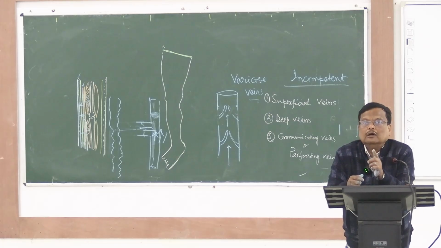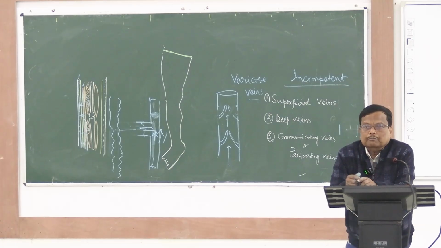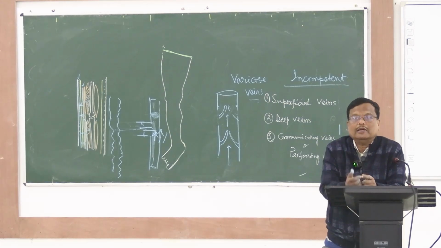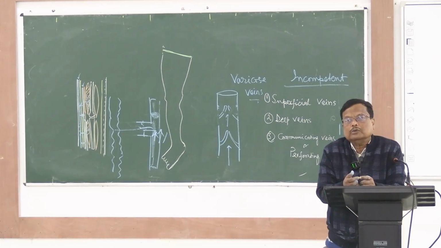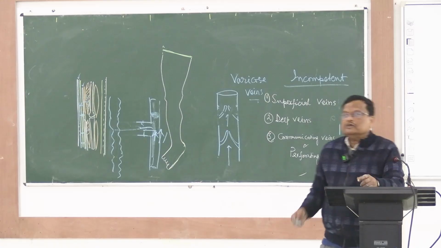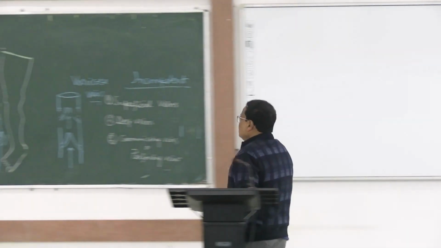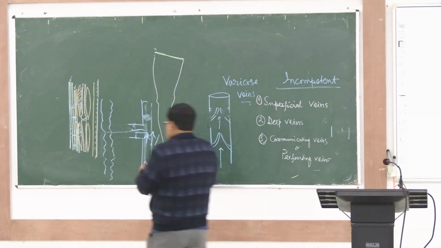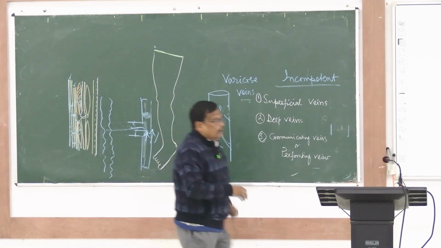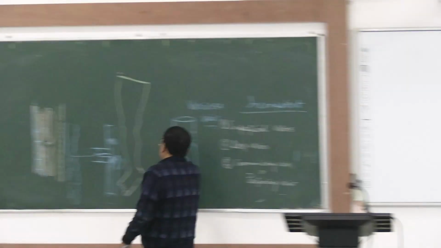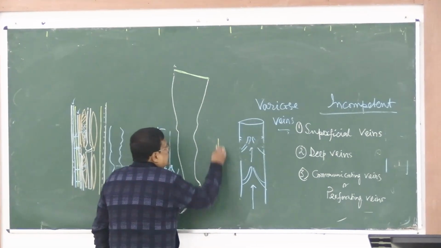But this is not true below the knee or below the elbow, distal to the elbow or distal to the knee joint. Here, for example, below the knee, the arteries are the anterior tibial and posterior tibial arteries. This is the anterior tibial artery.